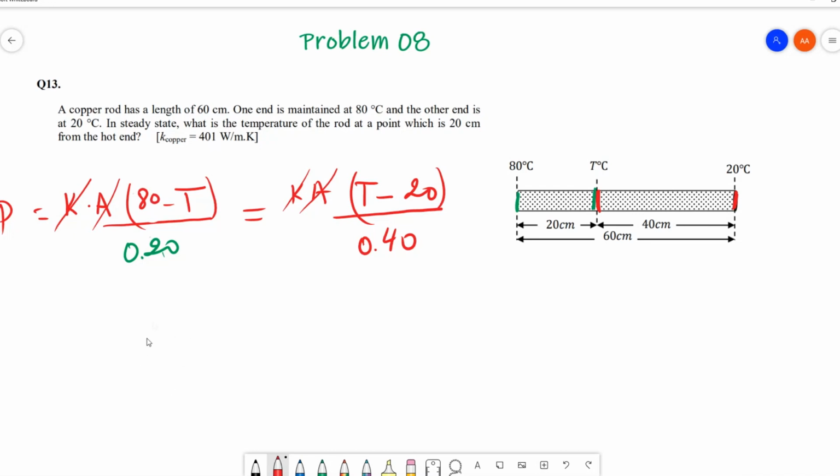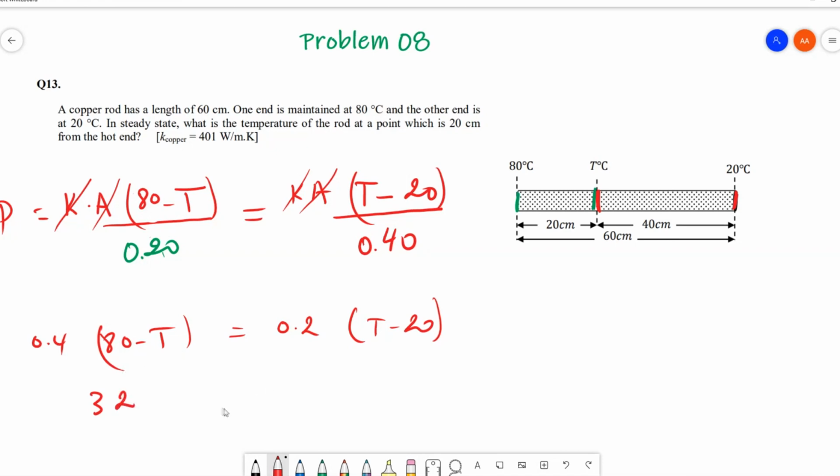This is very easy to solve. So I have 80 minus T times 0.4 is equal to 0.2 T minus 20. I'm sure that all of you can solve this. I take 0.4 to the other side. So 0.4 multiplied by 80 will give us 4 times 8, 32.